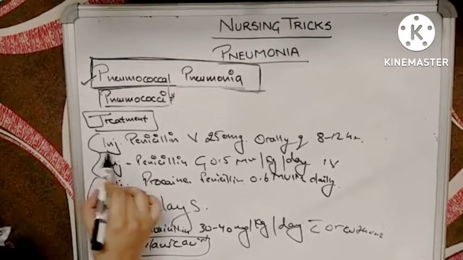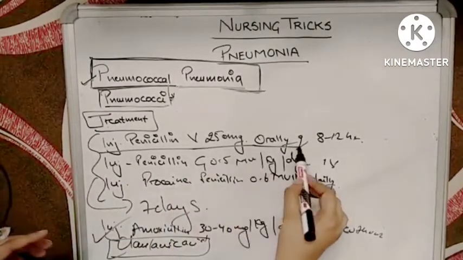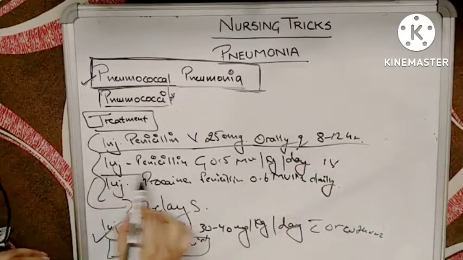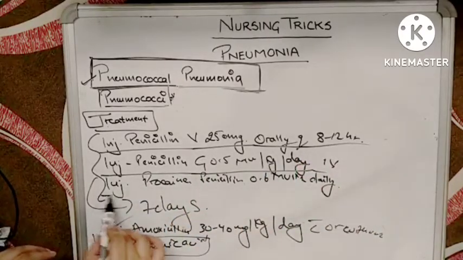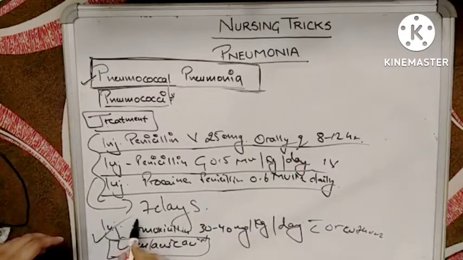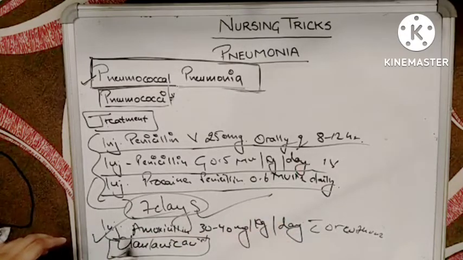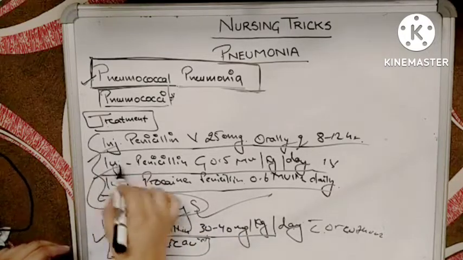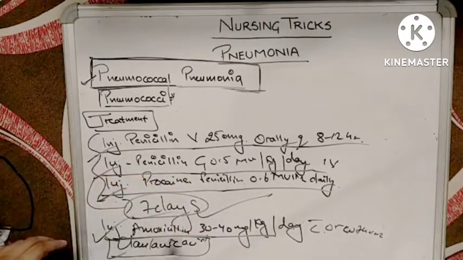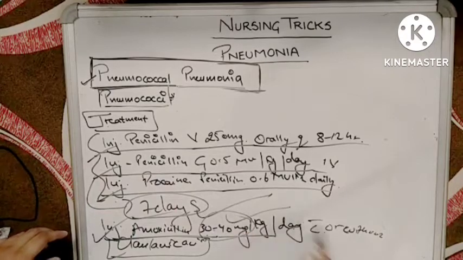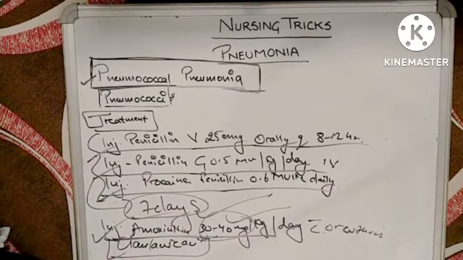So I repeat: penicillin V 250 milligram orally every 8 to 12 hours, penicillin G 0.5, or procaine penicillin 0.6, for 7 days, or amoxicillin 30 to 40 milligram per kg per day. Either of these is given, and amoxicillin is given with or without clavulanic acid.